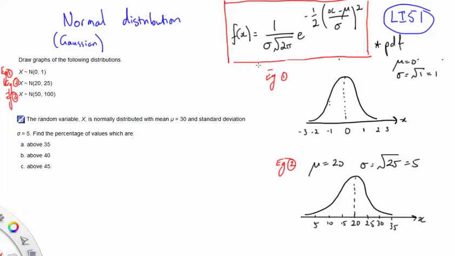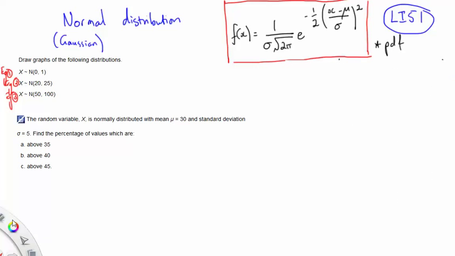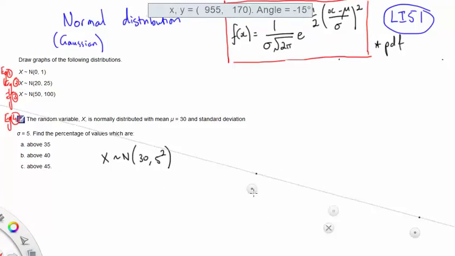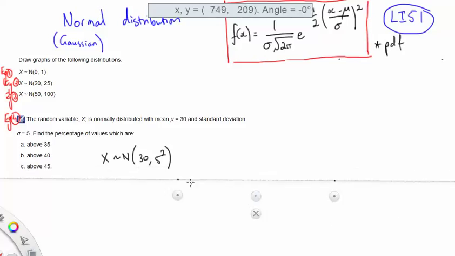Let's have a look at this next problem. So let's call this example 4. A random variable x is normally distributed. It's normal with a mean of 30 and a standard deviation of 5. Find the percentage values which are above 35. Let's do a quick sketch to help us. So let's do a quick sketch of our Gaussian distribution.